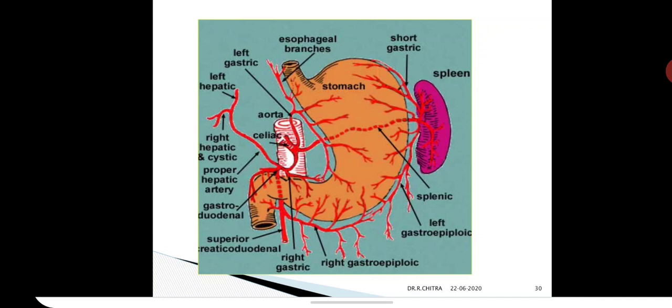So all these arteries give very many branches to supply the stomach, pancreas, duodenum, and also the liver and the spleen. Even though spleen is not a foregut derivative, it is supplied by the celiac trunk branches. So this completes the celiac trunk topic. Try to read these arteries before we start with the stomach class.